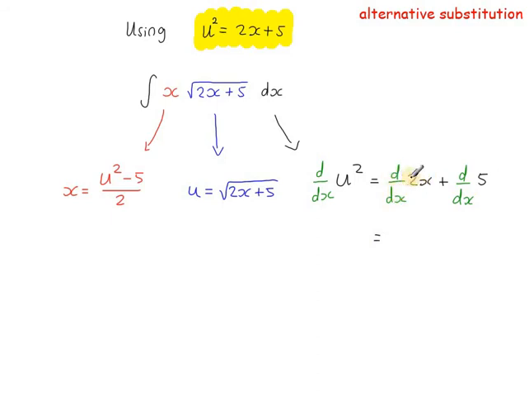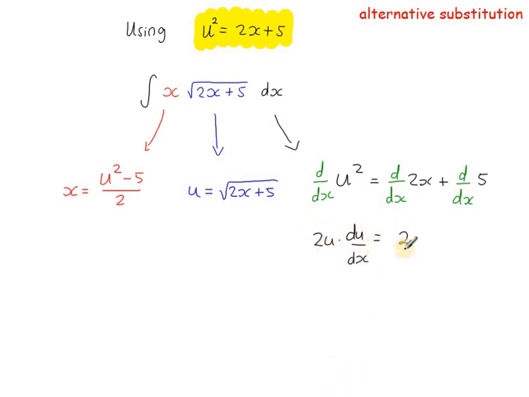Differentiate with respect to x, 2x, we get 2. Differentiate a constant, we get nothing. But we're differentiating with respect to x, u squared. So that's u, that's x, they're different. We have implicit differentiation here. So the u squared will give 2u when we differentiate it, but we need to multiply by du by dx.